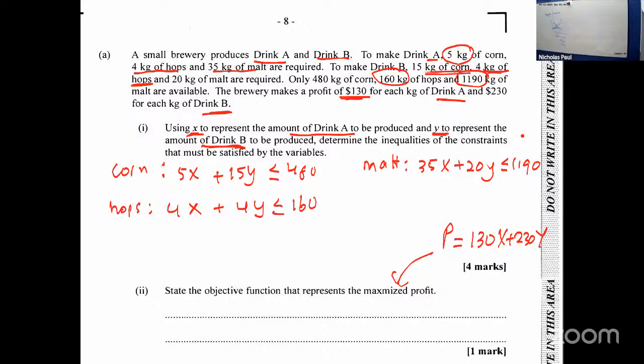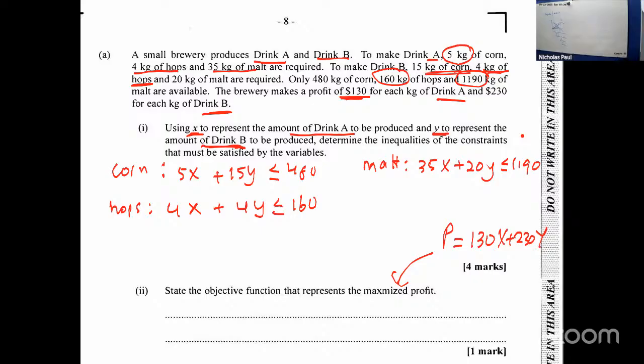Okay, that's it then. Those are your three constraints, and then you have your objective function on it.